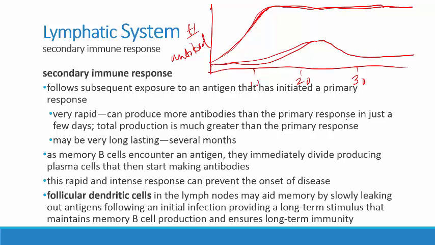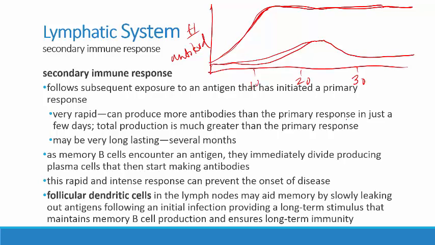So this is how we can reinvigorate those memory cells as they are aging: we encounter new sources of the antigen, and that stimulates this immune response that produces a lot more memory cells.